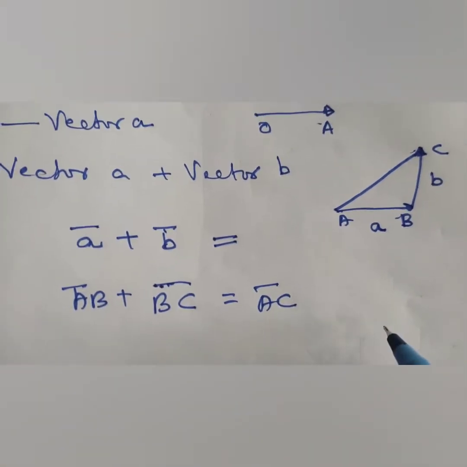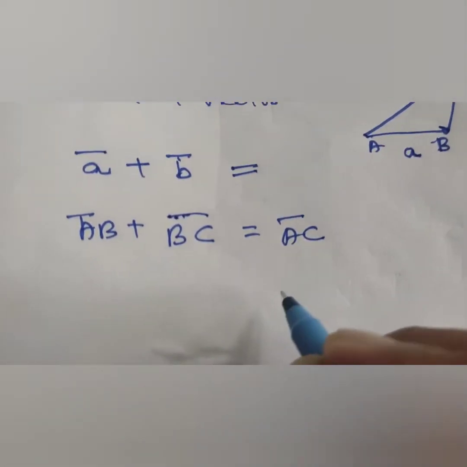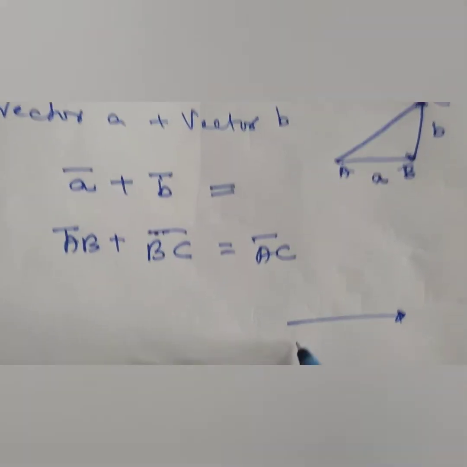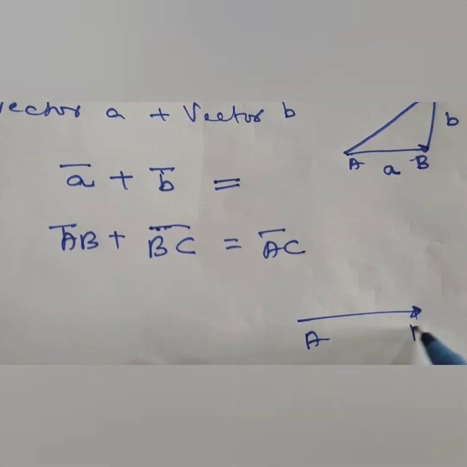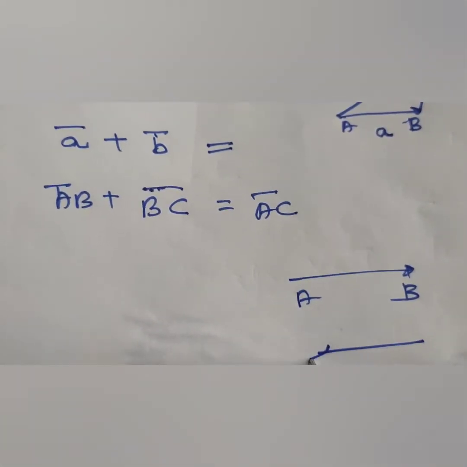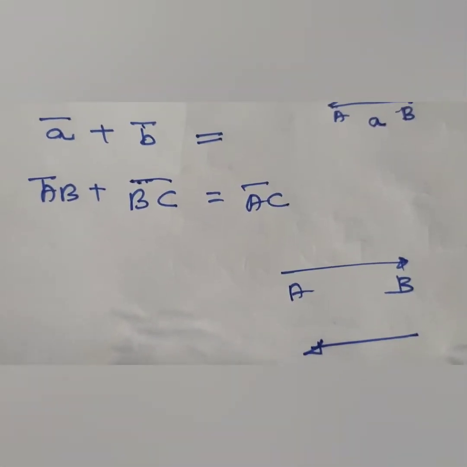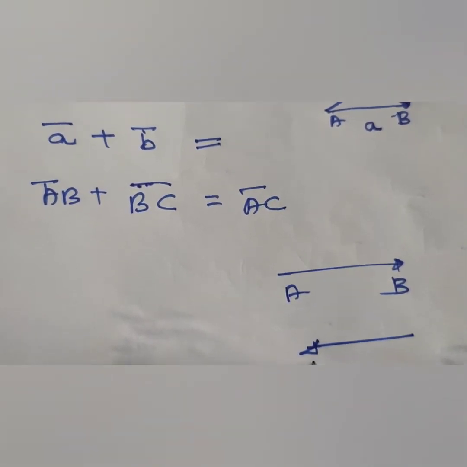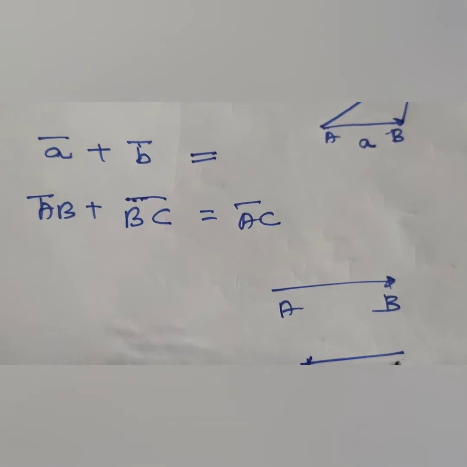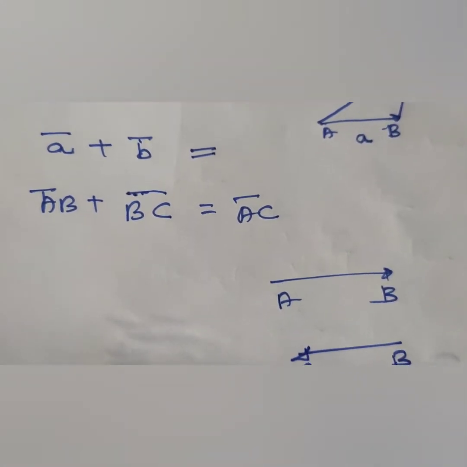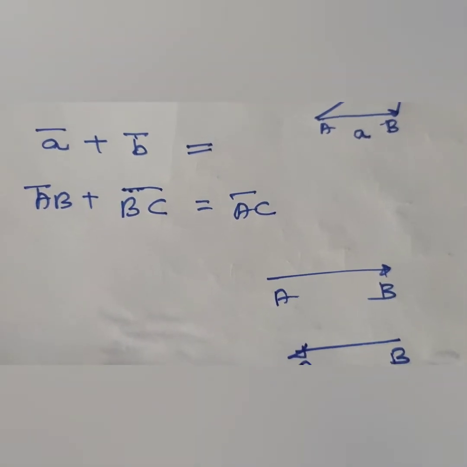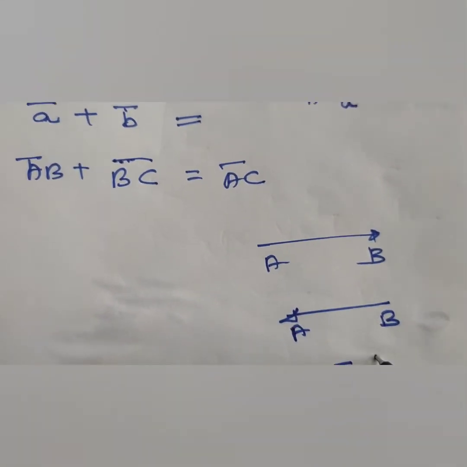For subtraction, if this is vector AB, and this is the same vector with the same magnitude, then this will be minus AB.